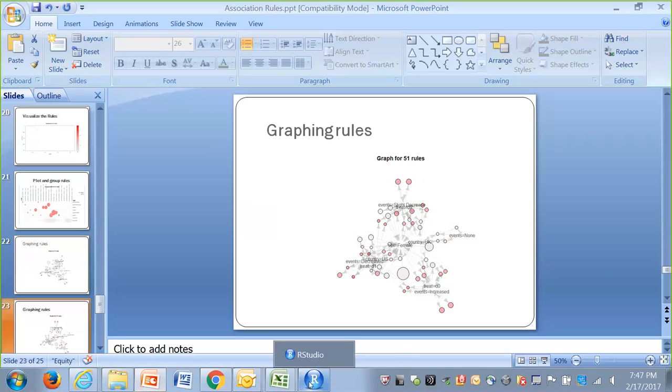The important part of understanding your rules is understanding the if and then: if I have this, what's that? And understanding what you're not seeing in the data. This is where association rules are quite important. It's what you don't see in the data that is able to get surfaced.